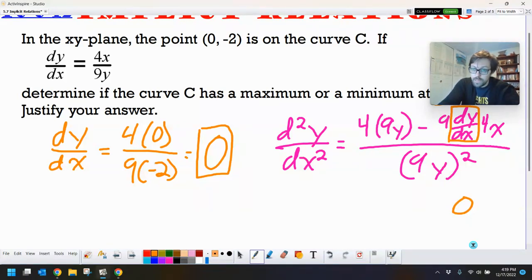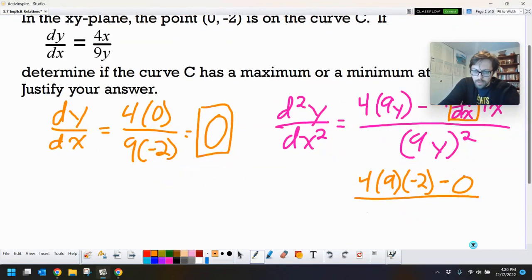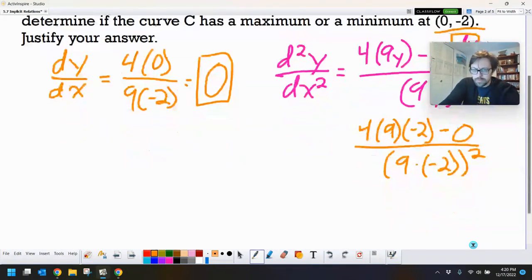With that 4, 9y, we've got to plug in our y value, which is negative 2. So that's 4 times 9 times negative 2, minus 0, over. In the denominator, we're going to put that negative 2 in, so that'll be 9 times negative 2. I'm going a little crazy with parentheses there, but whatever.